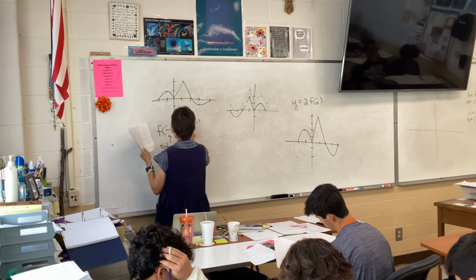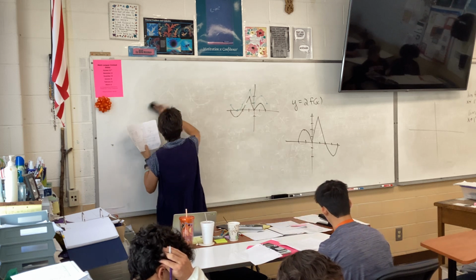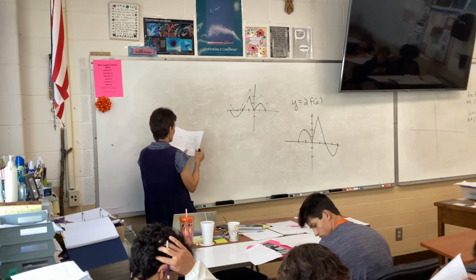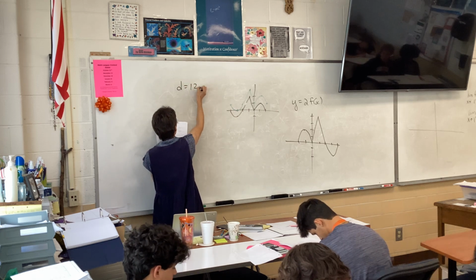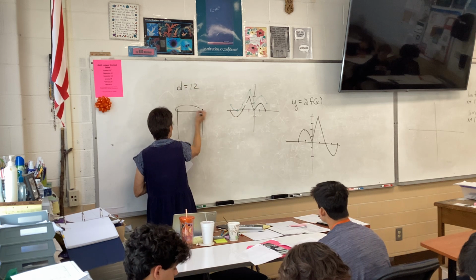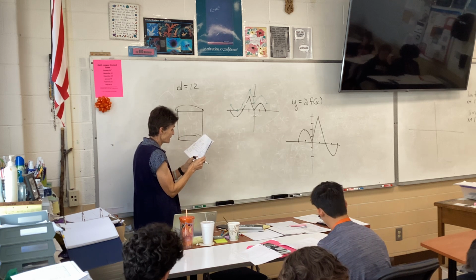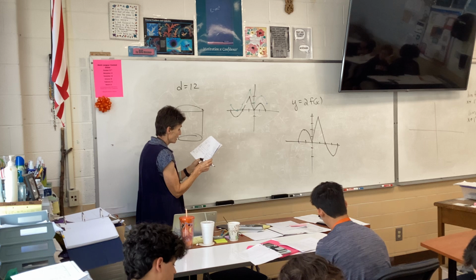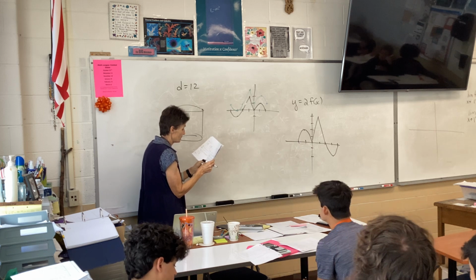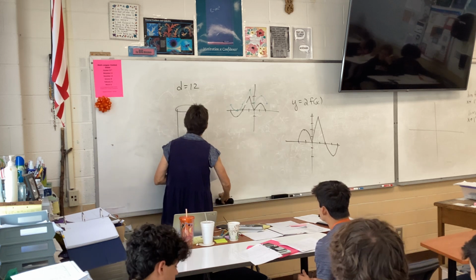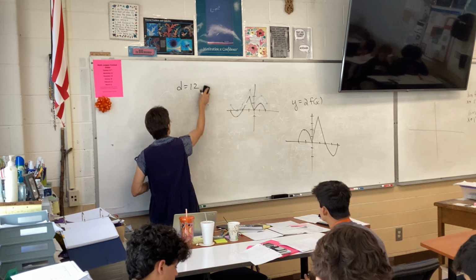We did some cylinder stuff yesterday, so let's see what this one says. A cylindrical tank has a diameter of 12. It's a cylinder. The water in the tank is 6. Okay, no, we didn't do that. The kind we did was, I'll do another one like we did yesterday.